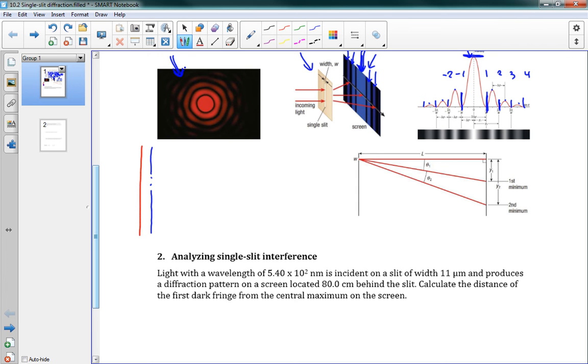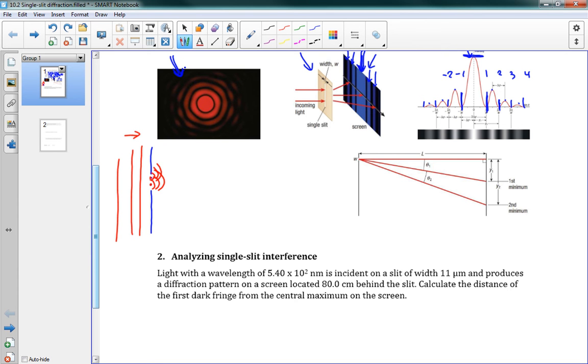If our light is coming in as these waves here, the light's going in this direction, then when it gets through this hole here, it's becoming a new point source. But let's say we have a few different point sources in that slit. So this point source might be going something like this, and this point source might be going something like that. And you can see that those separate point sources are going to interfere with each other. And that's why we're getting these interference patterns.